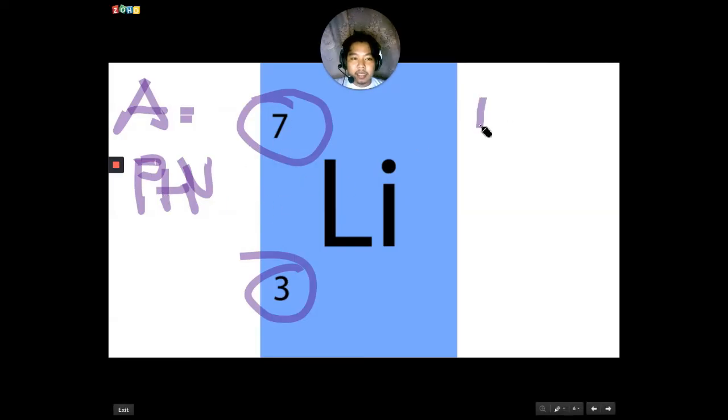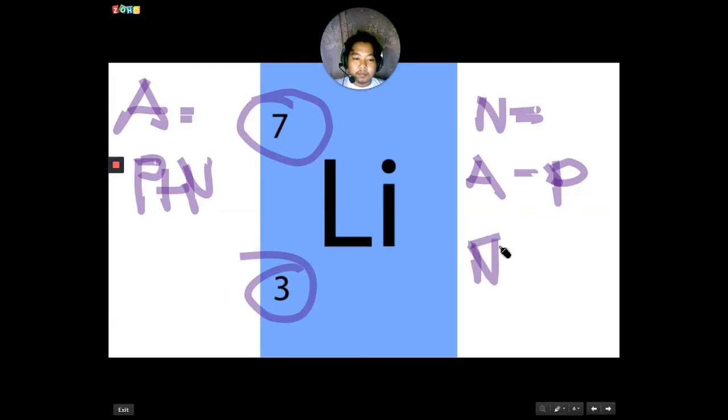I will simply transpose protons to A. So, transposition is a shortcut for additive inverse. Hopefully, you learned that in your mathematics. Pero mas nasanay tayo sa word na transposition. So, I'll subtract the number of protons from the mass number, and that would give me 7 minus 3. The neutron number is 4. With this very simple information, I derived the subatomic particles.